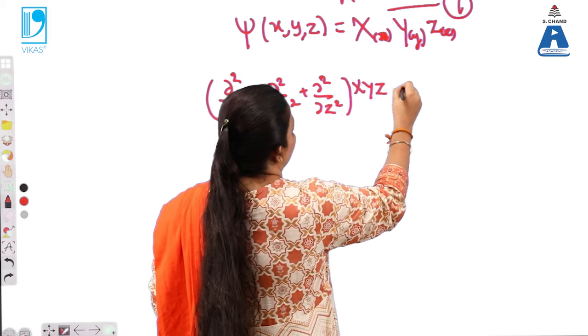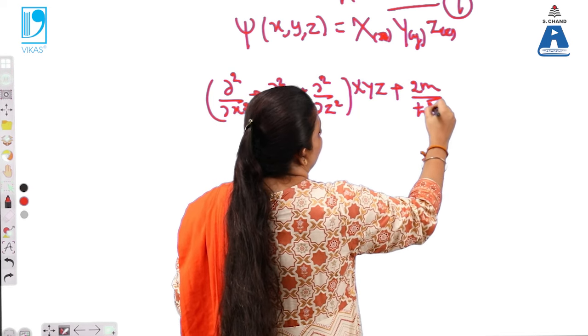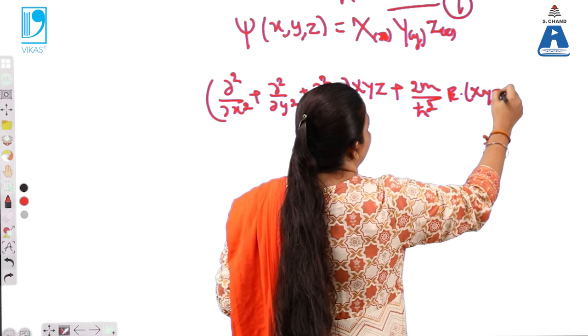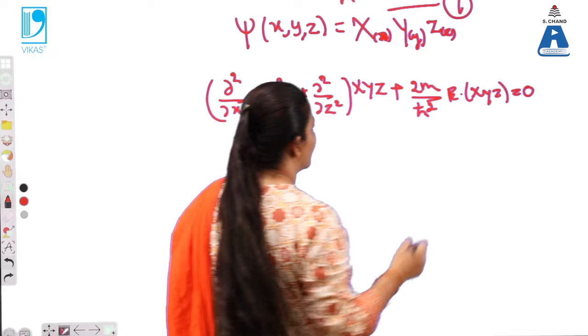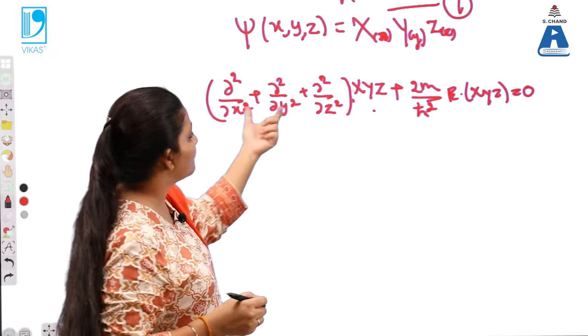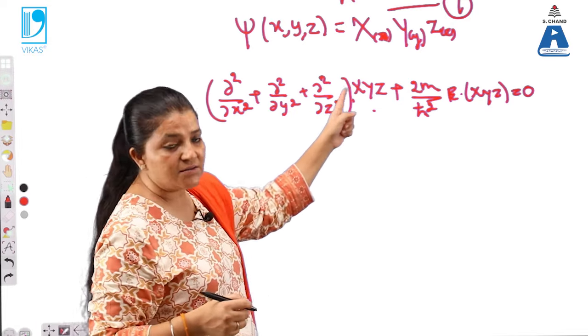into x, y, z plus now x, y, z. So we have to differentiate this x, y, z with respect to x square, y square and z square.